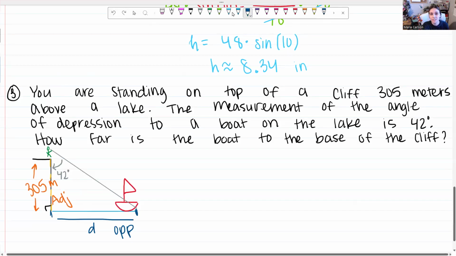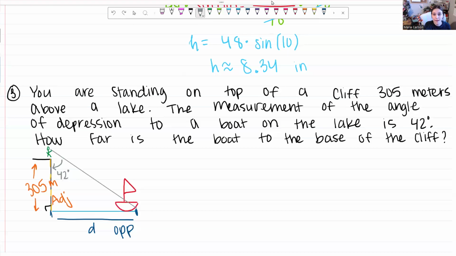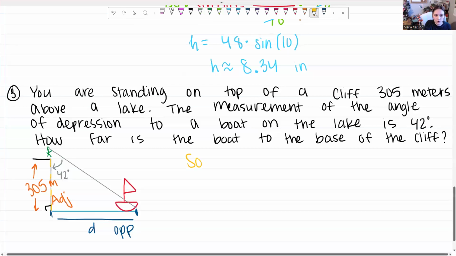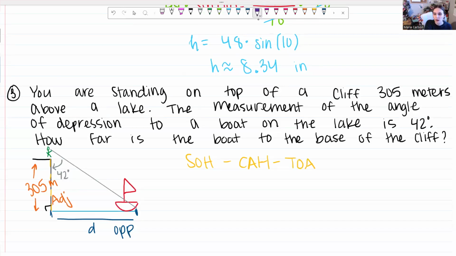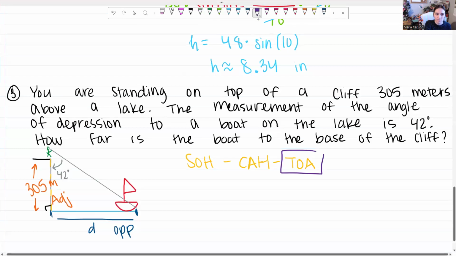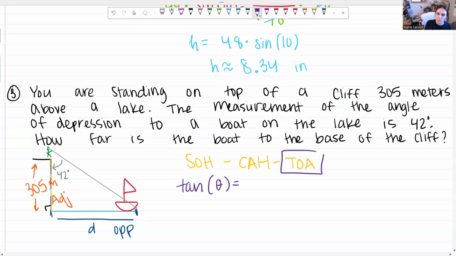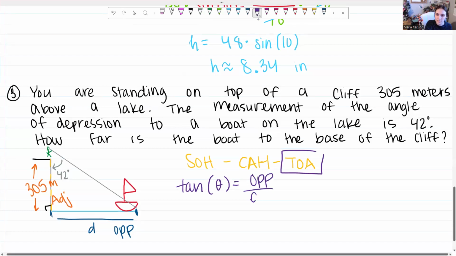We are given the adjacent. I'm going to write out the acronym SOHCAHTOA. TOA. This one doesn't involve the hypotenuse. The one that doesn't involve the hypotenuse is tangent. So the tangent of any angle theta is equal to the opposite over the adjacent.